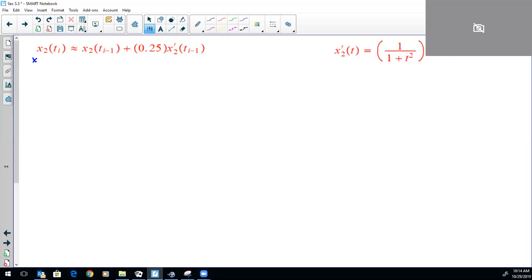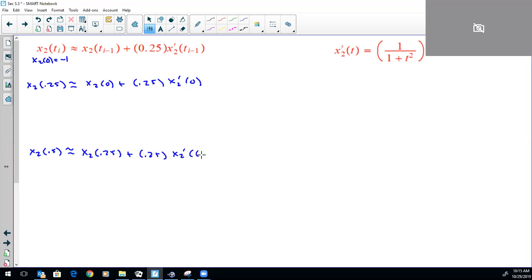We know that x2 of 0 is -1. x2 of 0.25 is approximately x2 of 0 plus 0.25 times x2 prime of 0, and I'll have to figure that out too. x2 of 0.5 is approximately x2 of 0.25 plus our step size times x2 prime of 0.25.